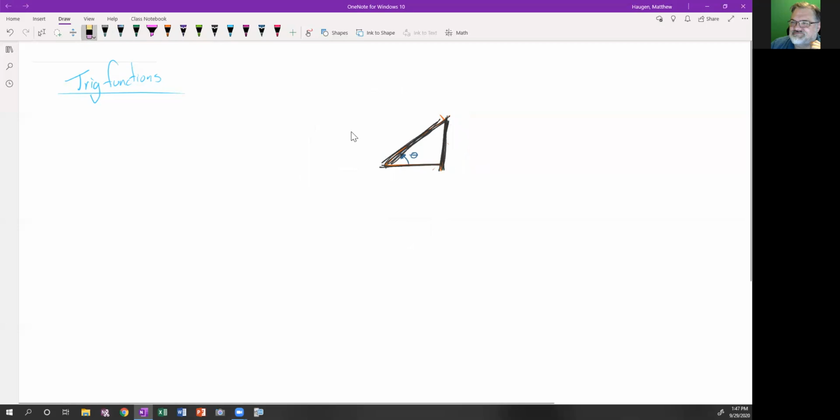The big important thing about these triangles is that they are nice right triangles. So I'm going to give us over here a nice big right triangle that we can work with.